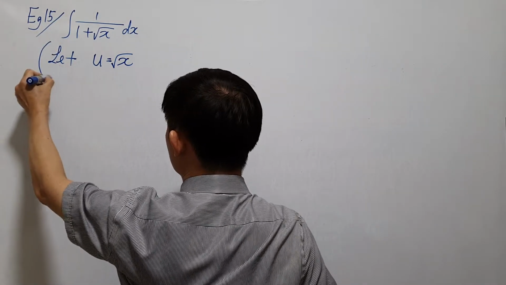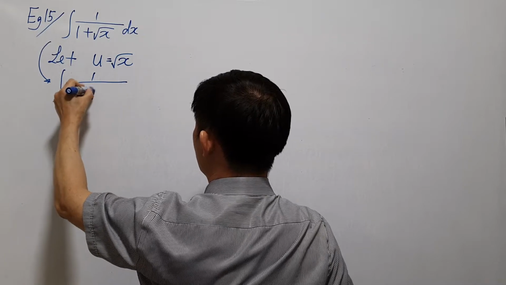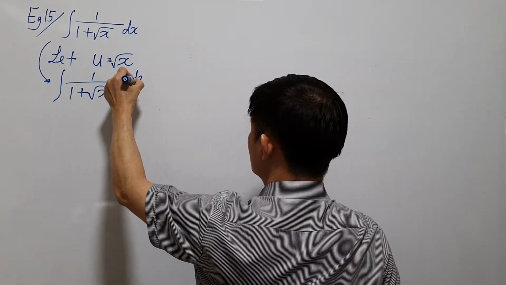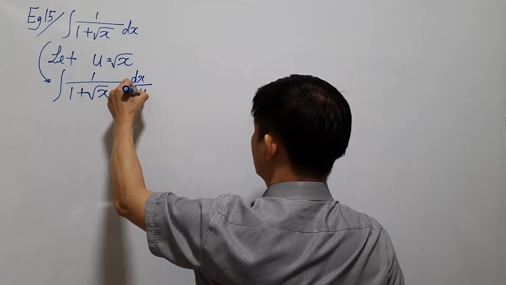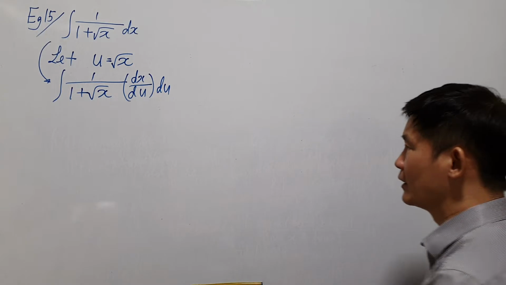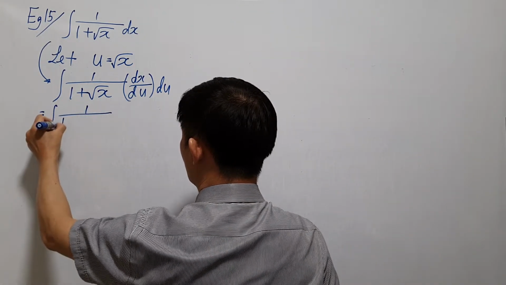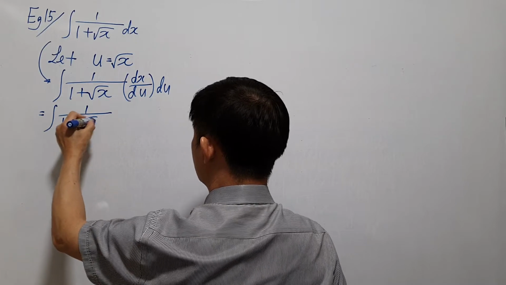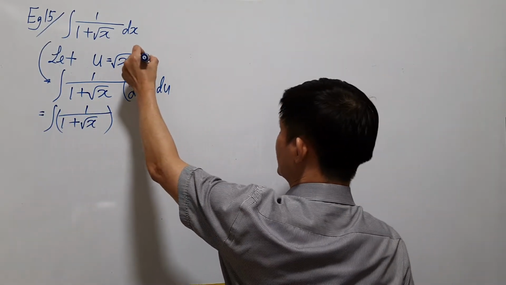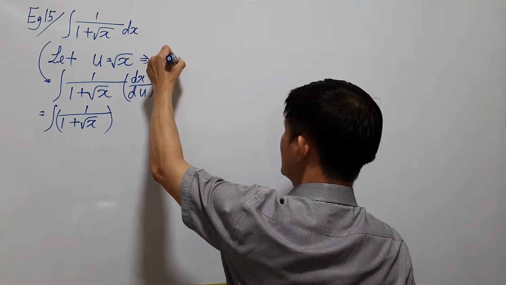From here, we want to replace the dx as dx du, and then du. So this becomes 1 over 1 plus square root x. What is dx du equal to? From here, x is equal to u squared.